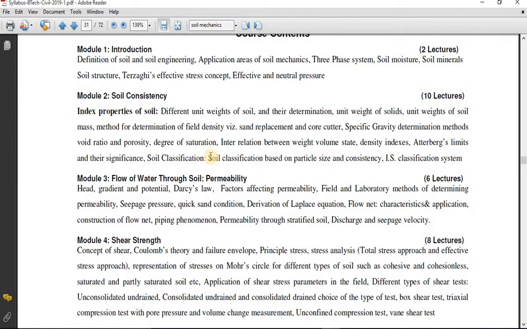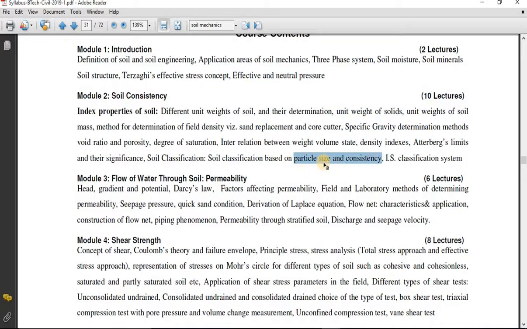I just briefly told you about particle size distribution. In depth about particle size distribution we are going to discuss in the next session, as well as the consistency of soil. That means density indices and Atterberg's limits, meaning consistency of a soil.